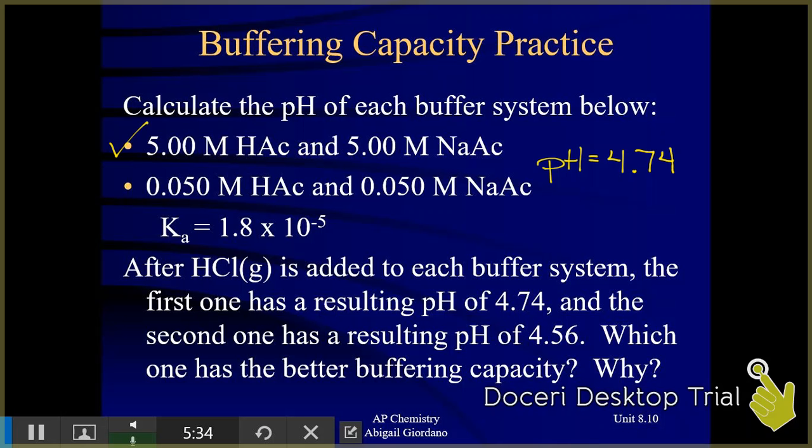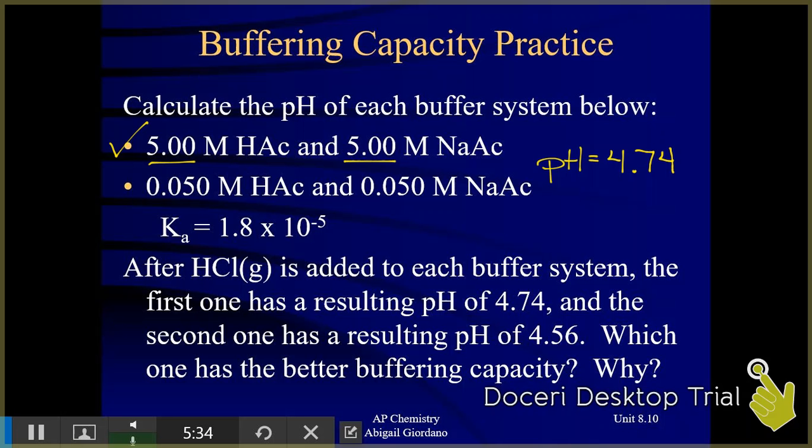The first buffer absorbed all this acid, and yet the pH remained absolutely where it was before, whereas the second one changed. And what's causing the first buffer system to have a greater capacity? Ladies and gentlemen, it is the magnitudes of those concentrations.